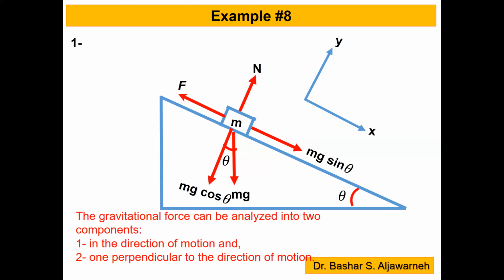Now part two, to find the acceleration. My advice for you, since you know the magnitude of this force, which is 100 Newton, is to calculate mg sine theta, which is 2 times 10 times sine 37.